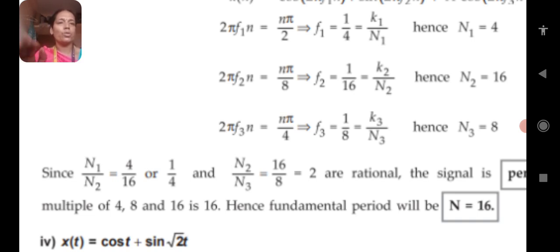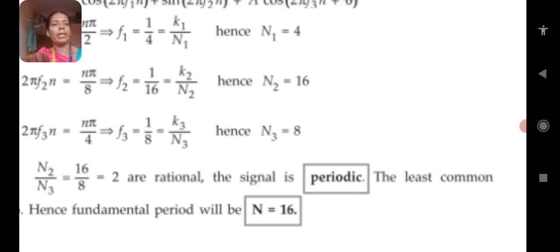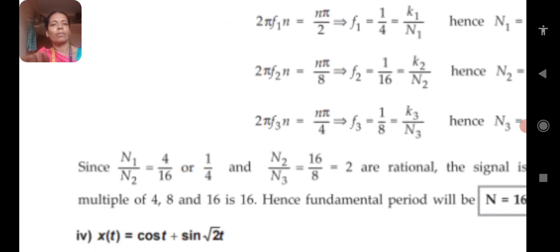So both the ratios, n1 by n2 and also n2 by n3, are rational numbers. Therefore, the given signal is periodic. And on further simplification, we can obtain the fundamental time period to be 16.